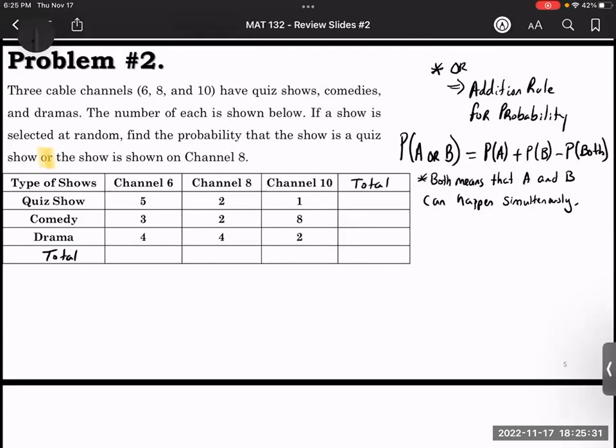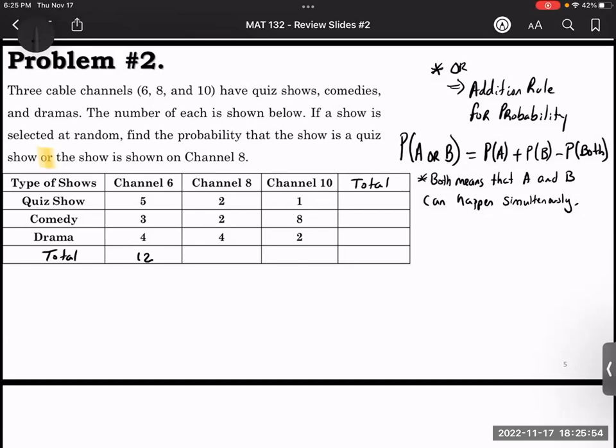Let's begin by going down the column. Let's start with channel 6. How many shows are there for channel 6? Well, there's 5 quiz shows, 3 comedy, and 4 dramas. So if you add it up, it's 12. So there's 12 shows on channel 6.